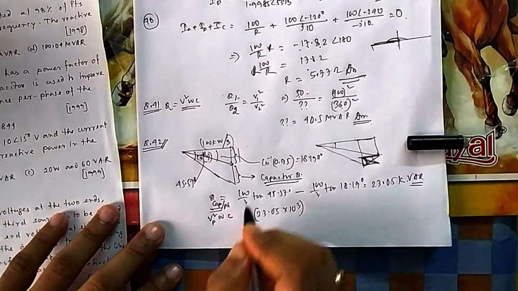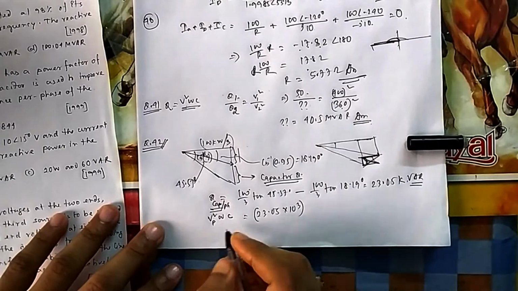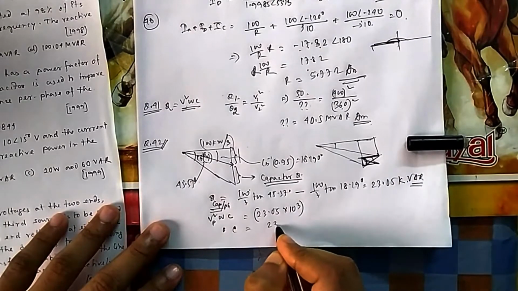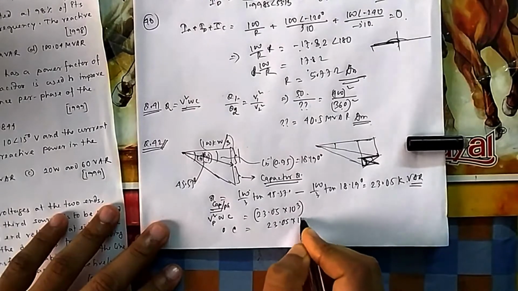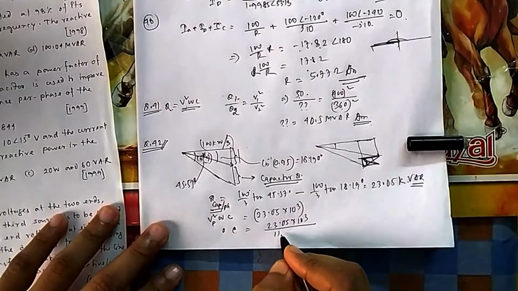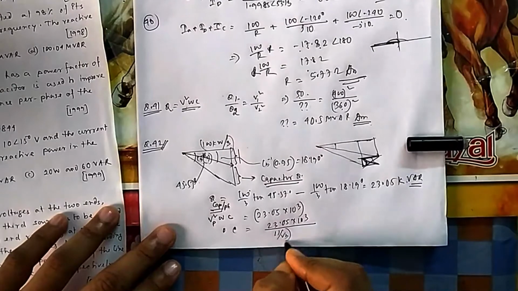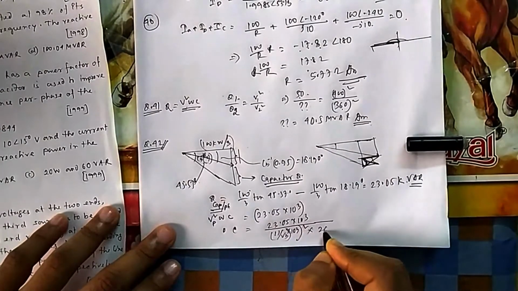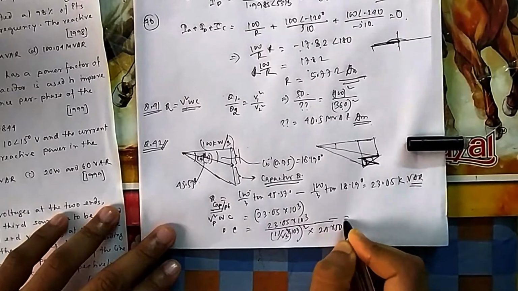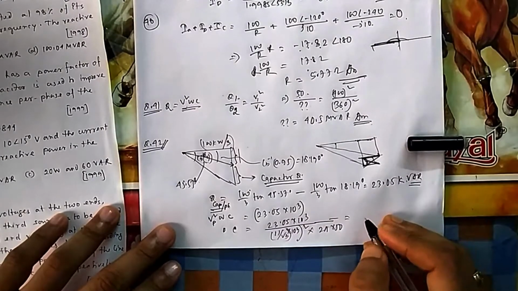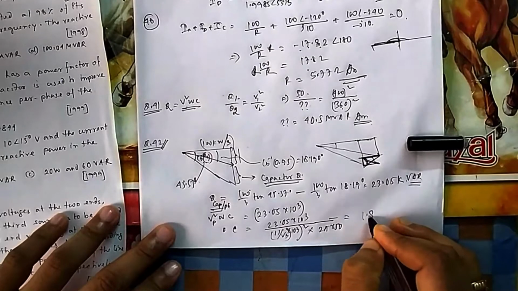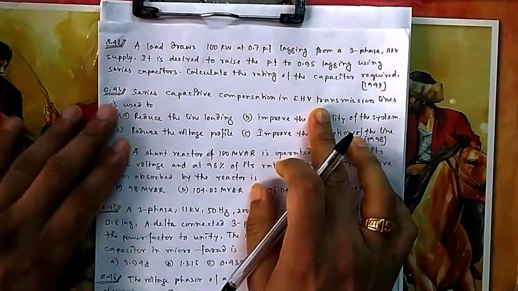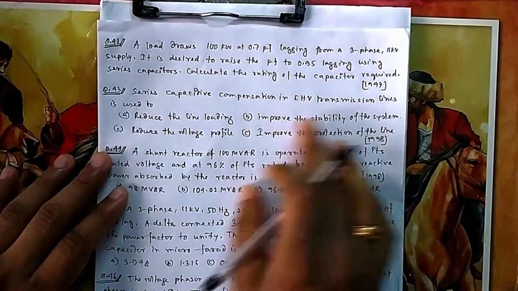So your C will be equal to, you put all these values, 10 to the power 3 divided by V, which is 11 by root 3 into 10 to the power 3, whole square, into omega, 2 pi into 50. If you put all this, you will get the answer, 1.82 microfarad.